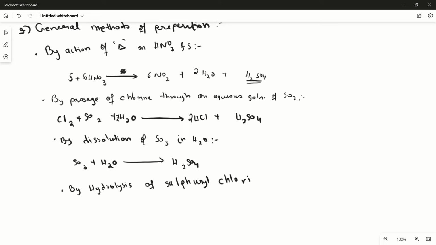Now what's sulfuryl chloride? Sulfuryl chloride is SO2Cl2 plus 2H2O, giving us H2SO4 plus 2HCl. That's it.